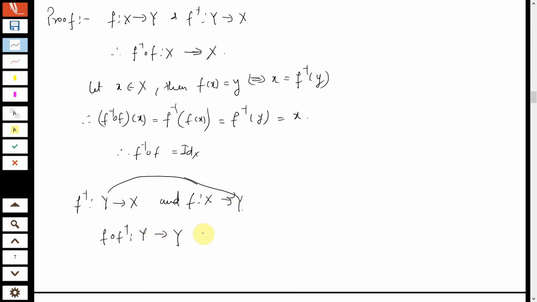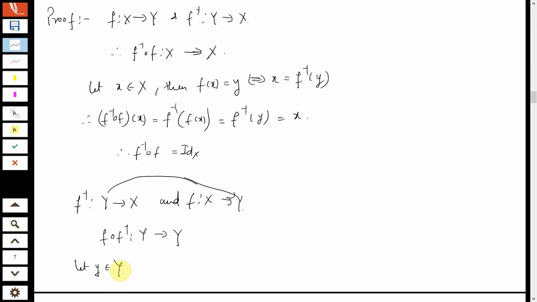So I'll start with any point y in Y. f composite f inverse evaluated at this point maps to the same point, so it's nothing but equal to y. To get the further evaluation, when I evaluate this at y, I'll have f of f inverse of y, and as of now I don't know anything about f inverse of y.